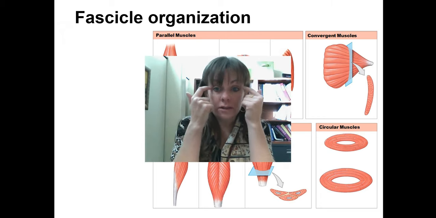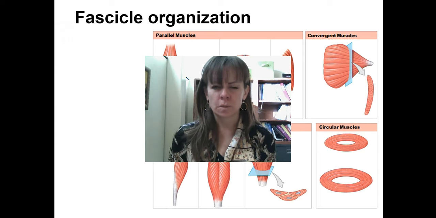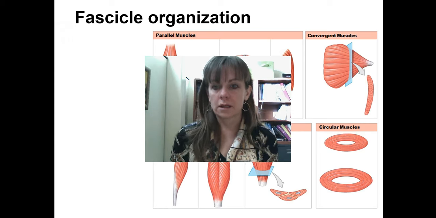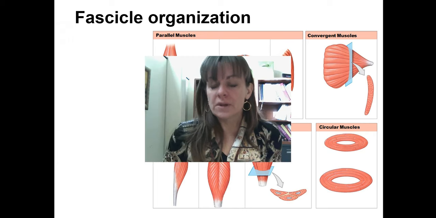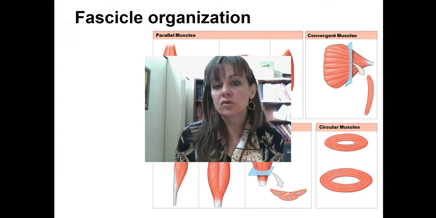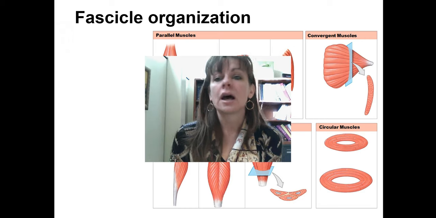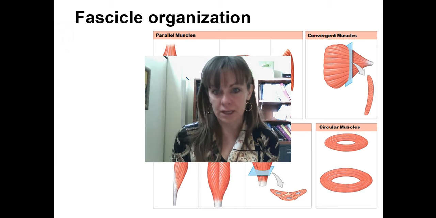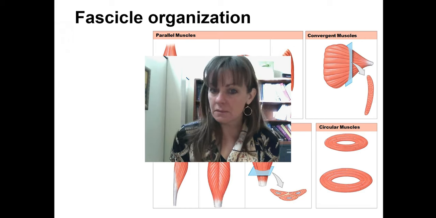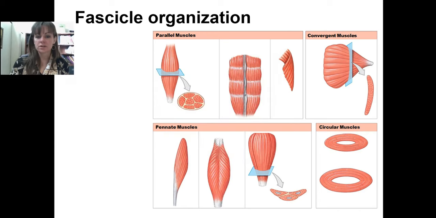There's circular muscles right around your eyes, and you contract it. So these are the different types of movements that we get because of the way the fascicles are arranged. Pinnate muscles, and just to switch back here, so as a reminder, these are the pinnate muscles. They're going to pull on those tendons, but because they're at an angle, the contraction is not going to be as strong for pinnate muscles as it is for parallel muscles.